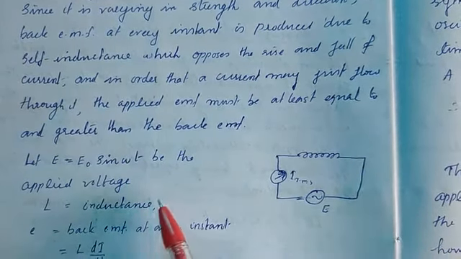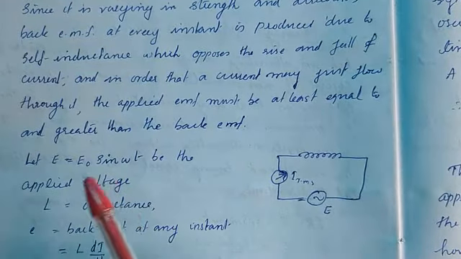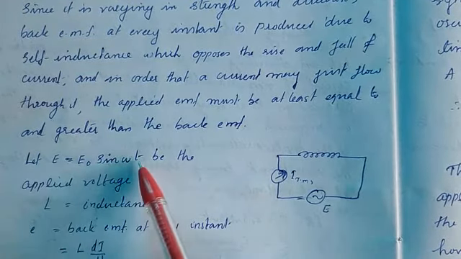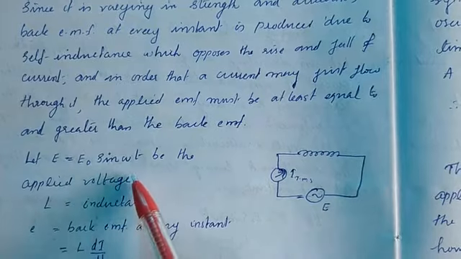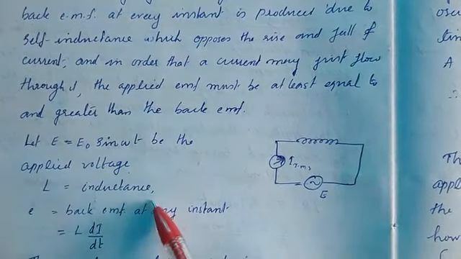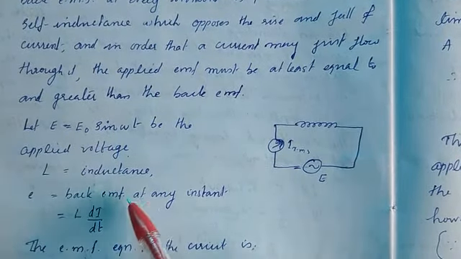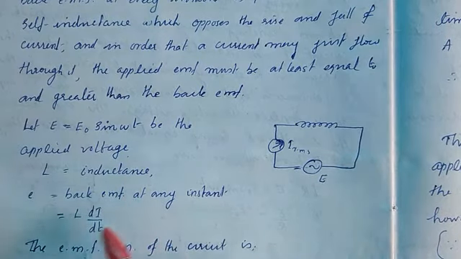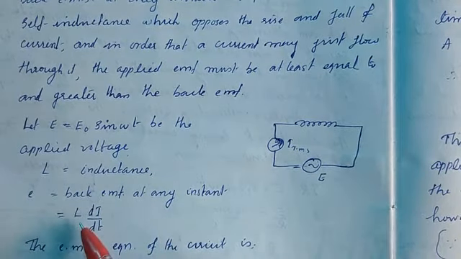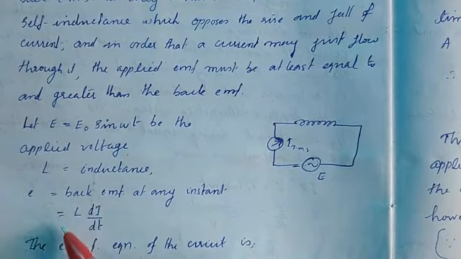So the EMF of the circuit can be represented as follows. Let E is equal to E0 sin omega t be the applied voltage as usual, and L is the inductance value, and the back EMF at any instant can be represented as L into di by dt.